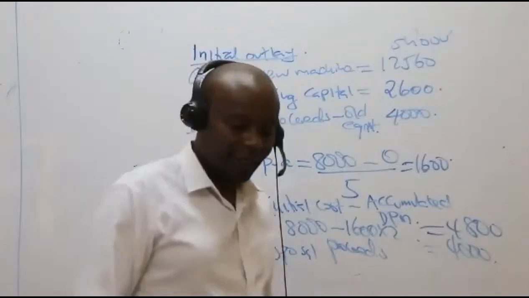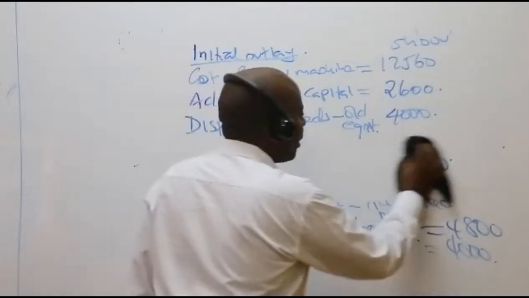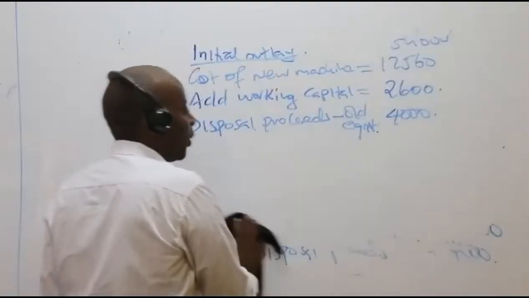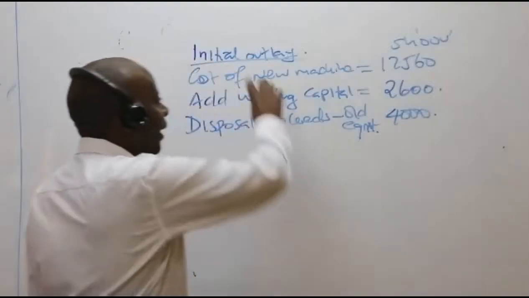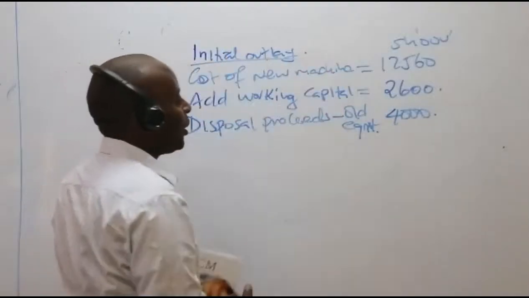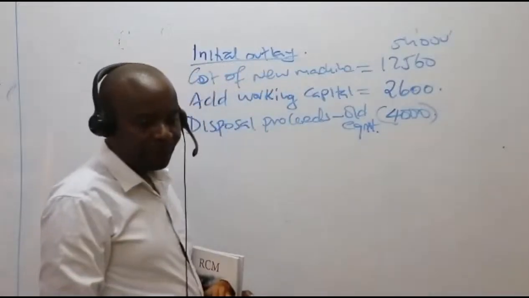Okay, great. So then, gentlemen, we have here disposal proceeds of the old equipment, 4,000, and because you're putting it in an initial outlay statement, this one should be put in brackets like that.